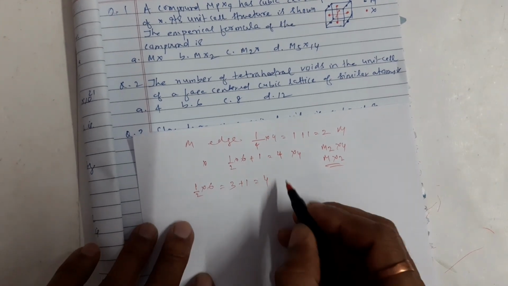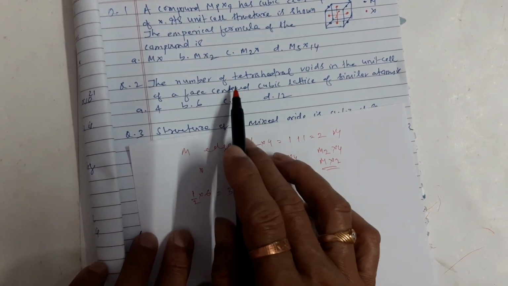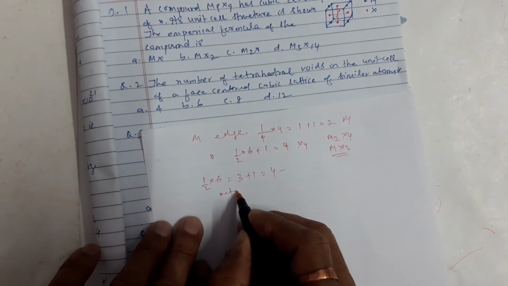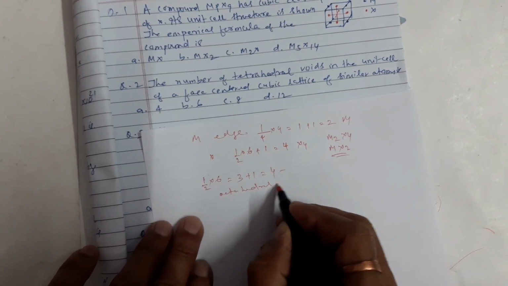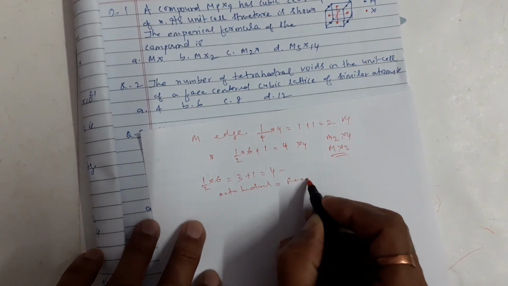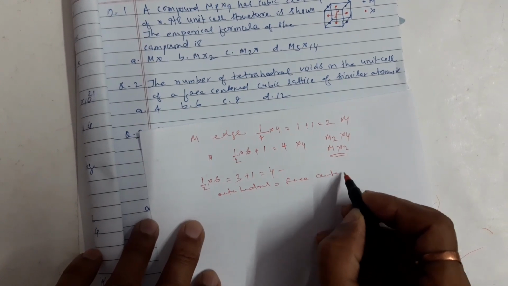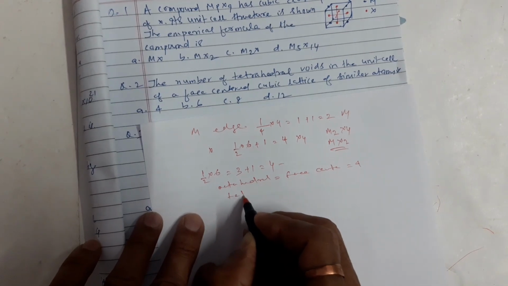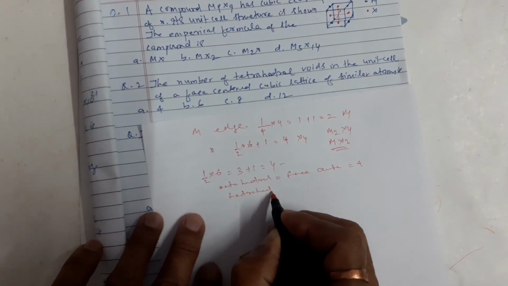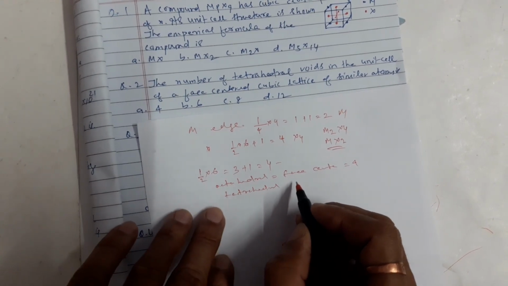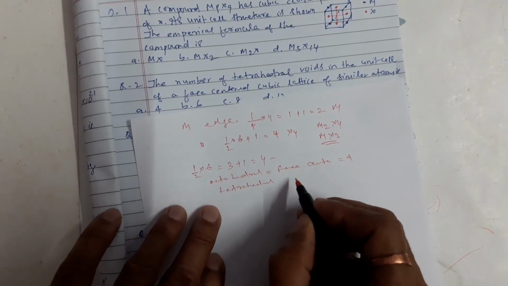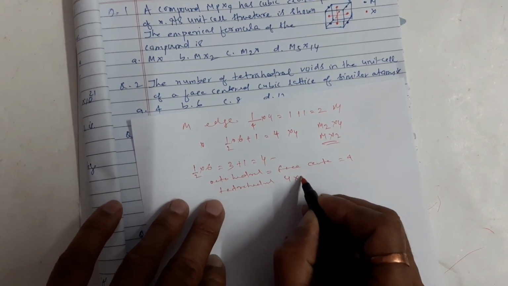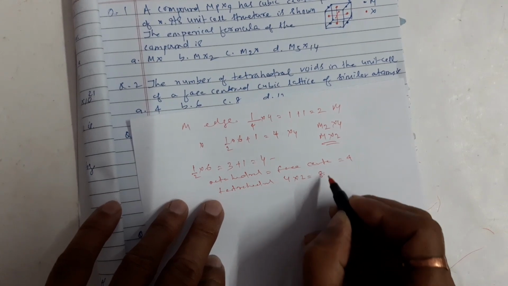So you will get 4, but as it is given tetrahedral, octahedral for face centered is equal to 4, but tetrahedral is double the octahedral, so the answer will be 4 multiplied by 2, it is 8.